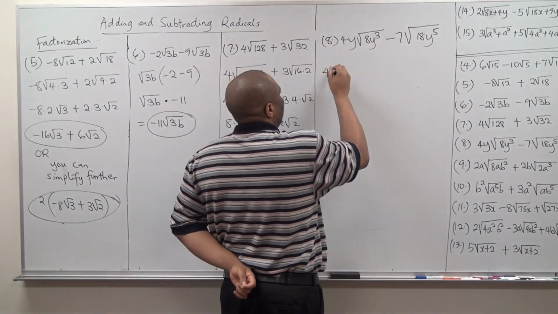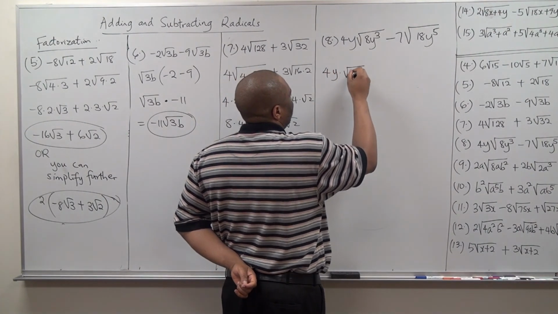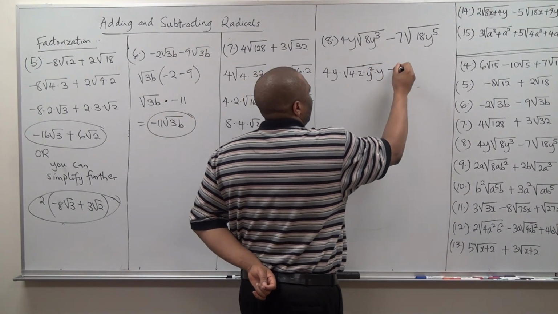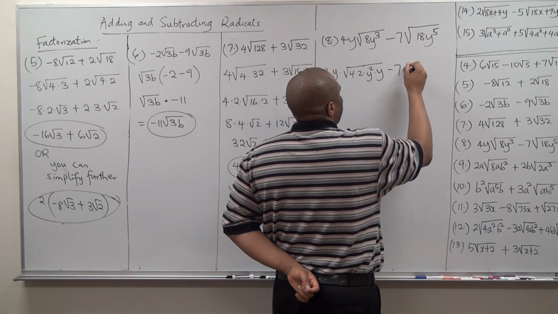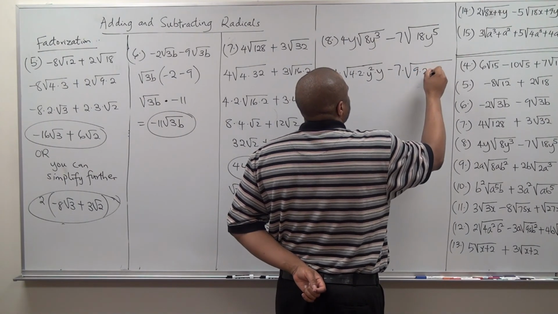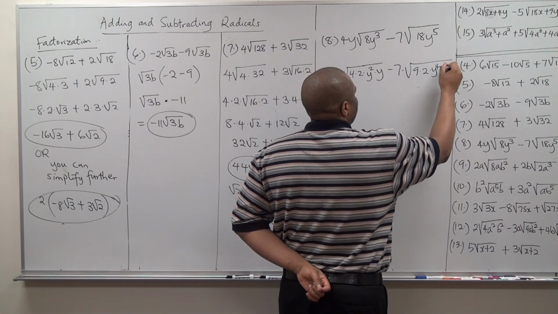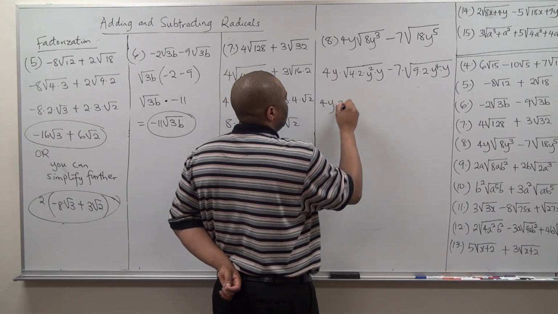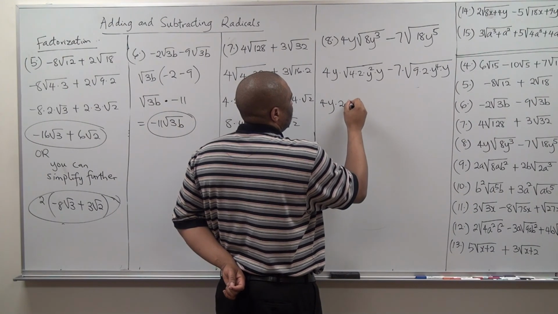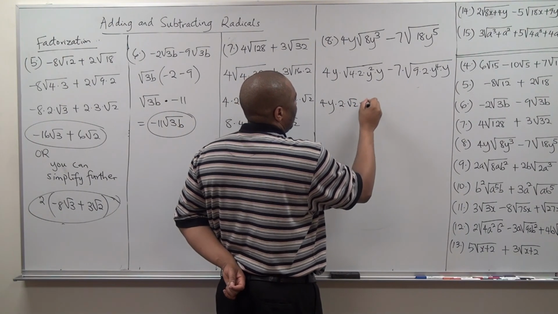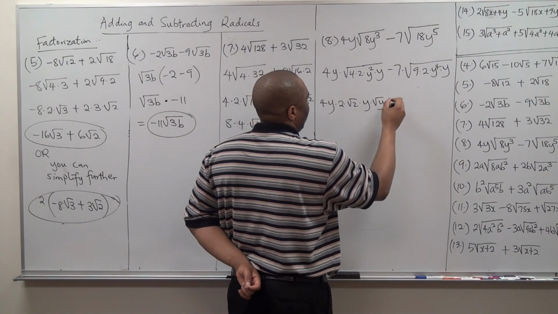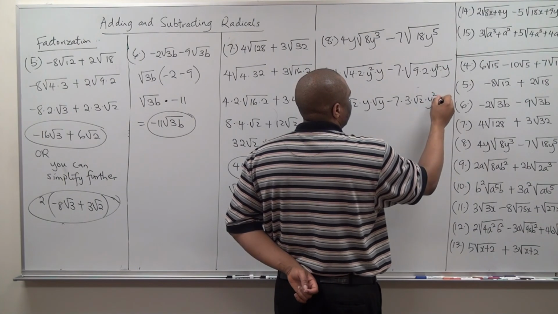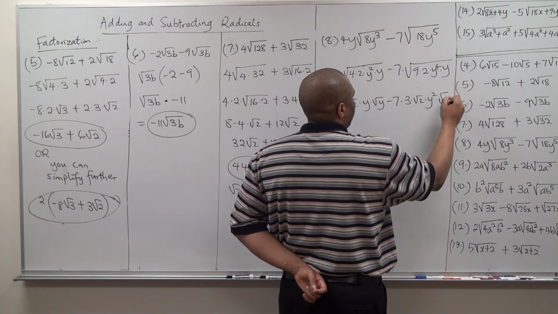So we simplify that: 4y times square root of 4 times 2 times y squared times y, minus 7 times square root of 9 times 2 times y to the 4 times y. This gives us 4y times 2 times square root of 2 times y times square root of y, minus 7 times 3 times square root of 2 times y to the power 2 times square root of y.